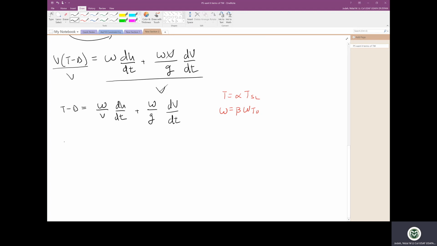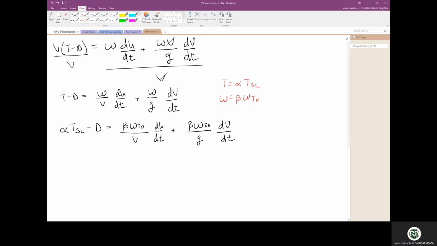I'm going to have alpha times the thrust at sea level minus drag, which is equal to beta times the weight at takeoff over velocity, dH dt, plus beta times the weight at takeoff over gravity, dV dt.